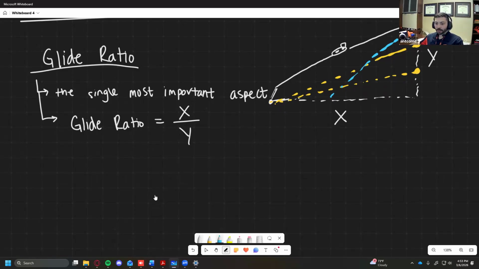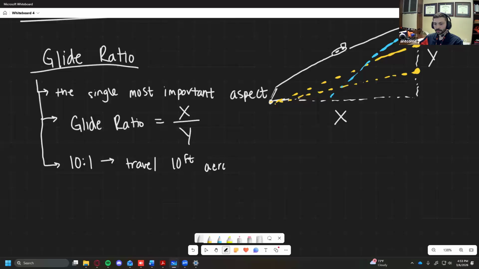So just to quantify this, I know it's probably fairly obvious just by looking at this, but if you had a glide ratio of 10 to 1, what this means is that you travel, let's say, 10 feet across the ground per 1 foot of altitude loss.